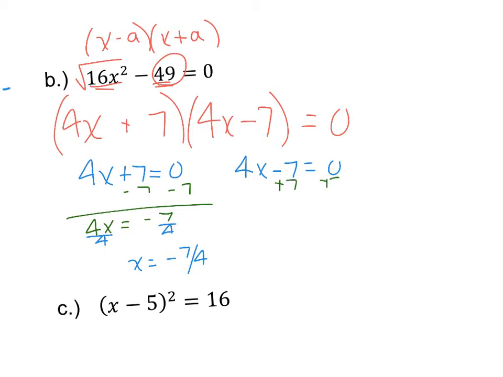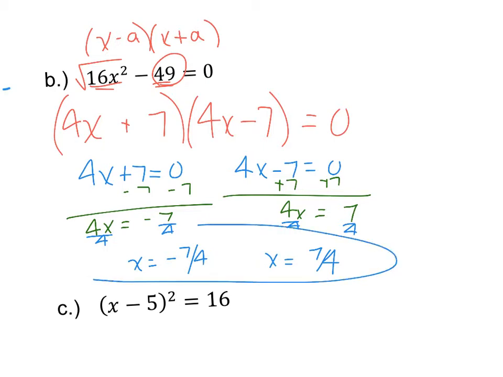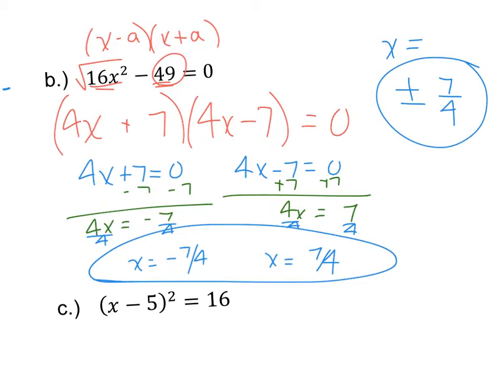And this one you're going to add 7, and you get 4x equals 7, of which you divide by 4 again, and you get x is equal to 7/4. So your two answers are negative 7/4 and 7/4. And you can abbreviate it like positive and negative 7/4 because it happened to be the same value.